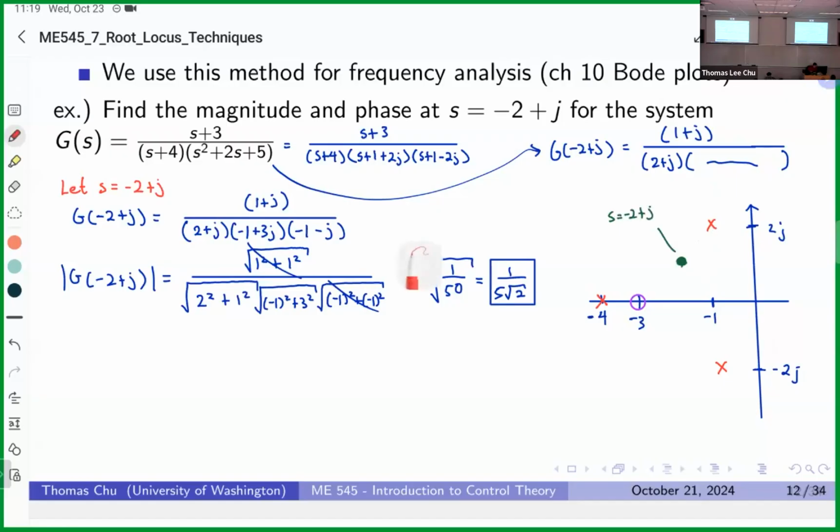And basically what we're doing is we're just taking the angles of all of these, and we're either adding or subtracting them, depending on if it's a pole or a zero. Like I said, the reference point is going to be the positive x-axis.